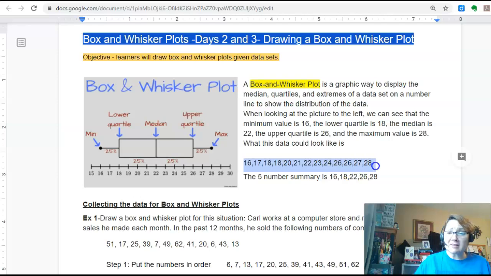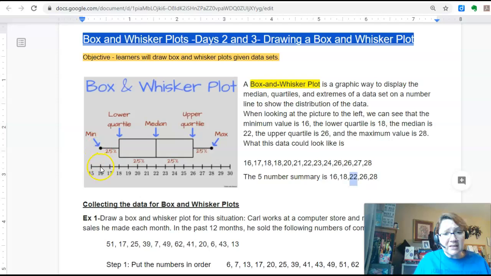So if we had this amount right here, it already looks like it's in order for you. So the 5-number summary would be the smallest number, which is 16, which is our minimum. You see the middle, which is 22. Notice how you can see 22 right here as well, and that the 22 is the median.